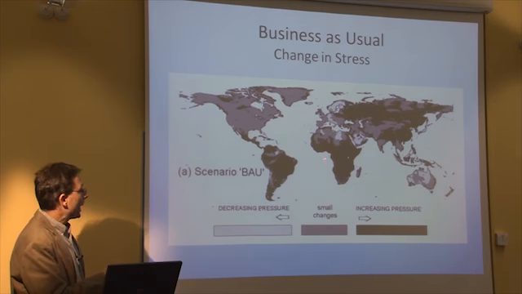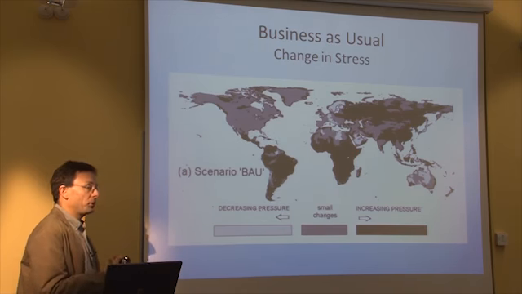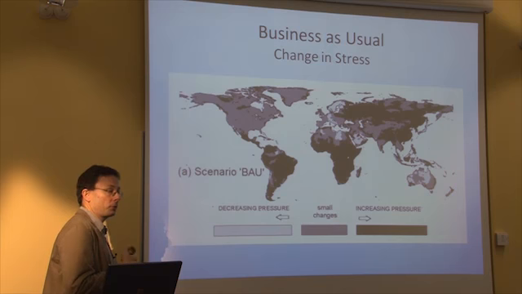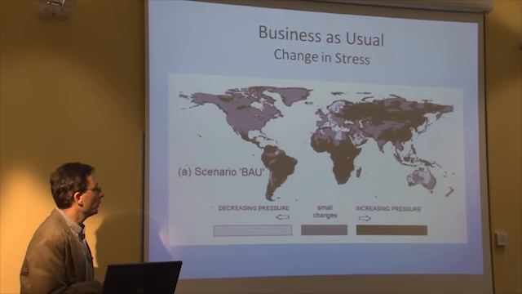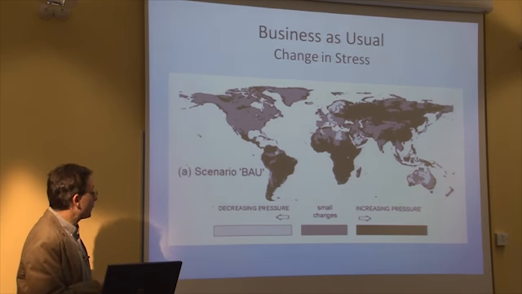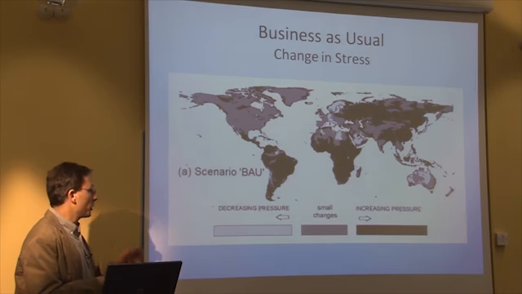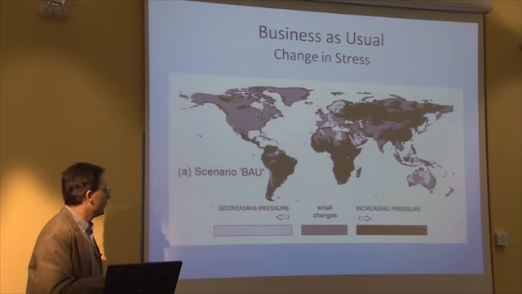Everywhere that's black is where there's an increasing pressure in the ratio of demand to availability. Everywhere that's dark grey is not much change, and everywhere that's light is a decrease.